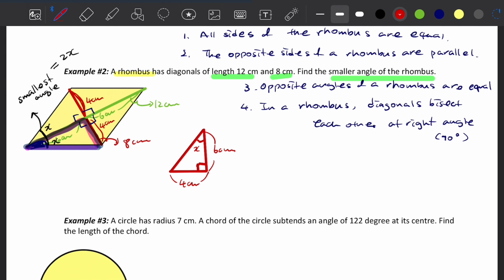To find the angle x, since we know the opposite side 4 and adjacent side 6, let's write it. This is adjacent, this is opposite. Then we can use tangent theta equals opposite over adjacent, the trig ratio formula, to calculate this missing angle x.